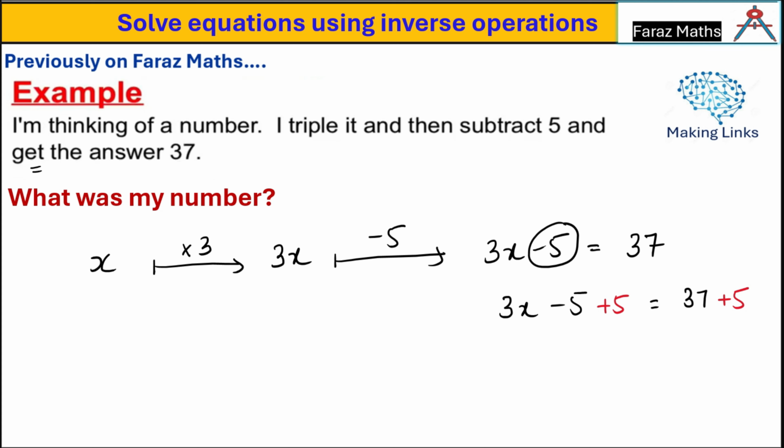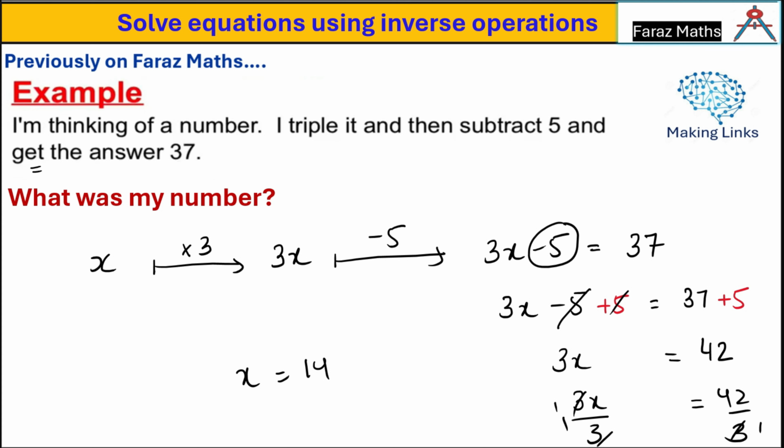Now after adding 5 on both sides, you see that minus 5 plus 5 is 0. So that would become 3x equals 42. Now by using the inverse operation, 3 is in multiplication, so it will divide on the other side, or you can divide by 3 on both sides. So this will give you x as 14. 3 ones are 3, 3 ones are 3, and 3 fours are 12. So x equals 14.